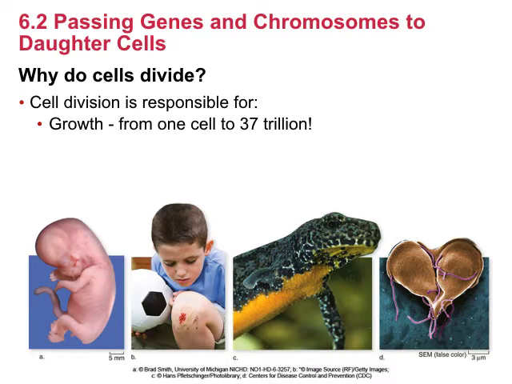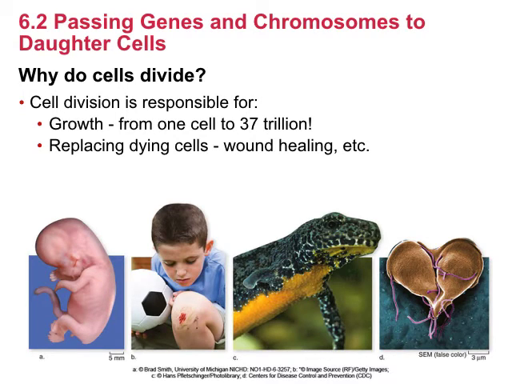A guy went out and calculated the density of cells in different organs, added it all together, and estimated that we have around 30, give or take, 37 trillion cells in our body. So going from 1 to 37 trillion, that is happening because of cell division.